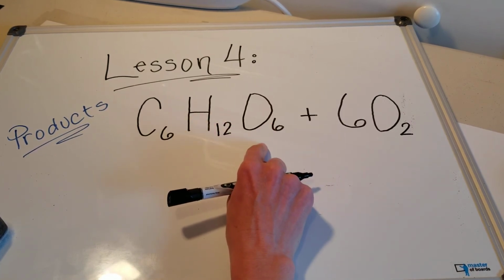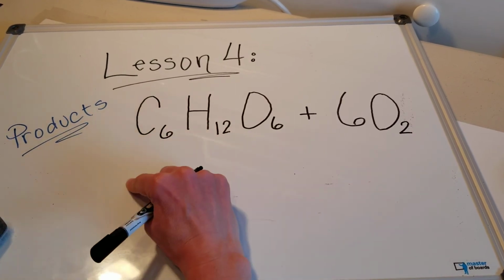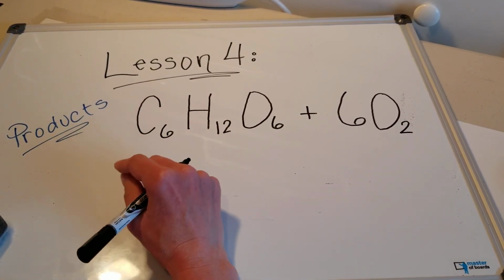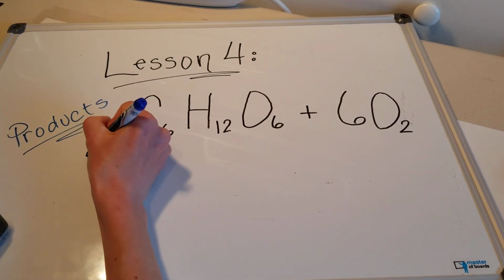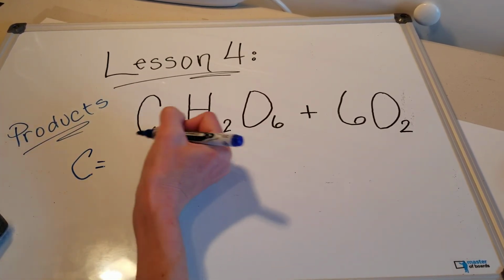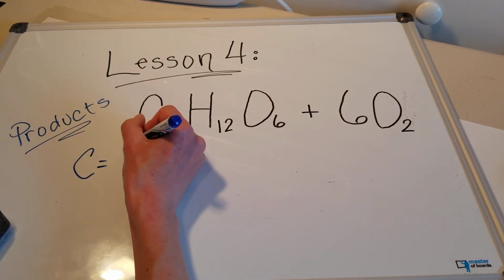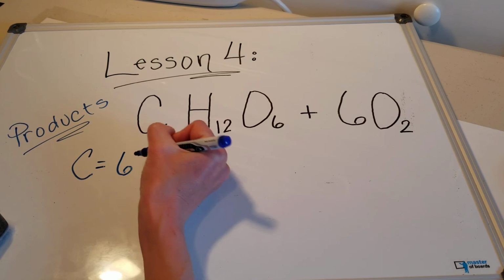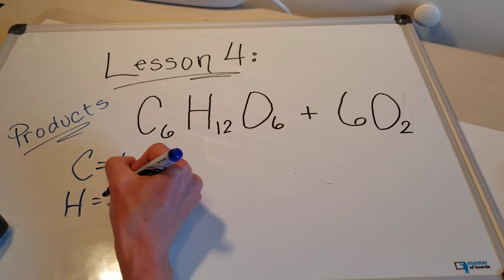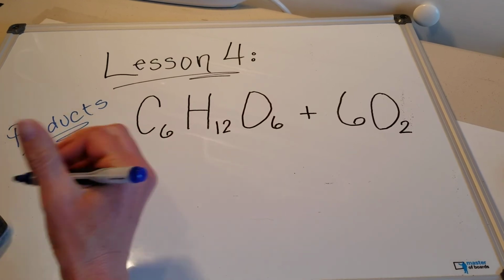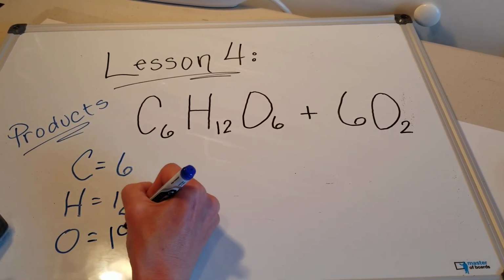So we're looking for these numbers, just like we said, these numbers, we want them to match what we started with. So what we want is to have, let's see here, what was it? We want it to have 6 carbons. We want it to have 12 hydrogen, and we want to find 18 oxygen.